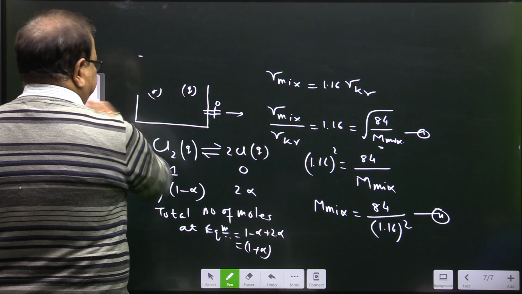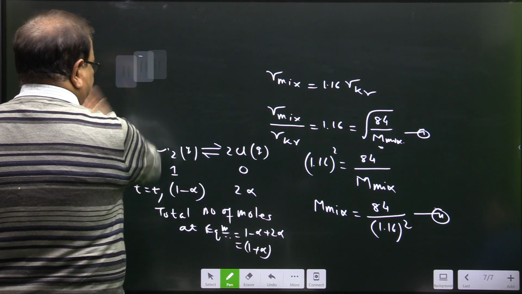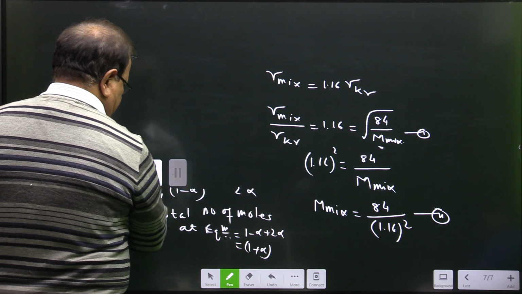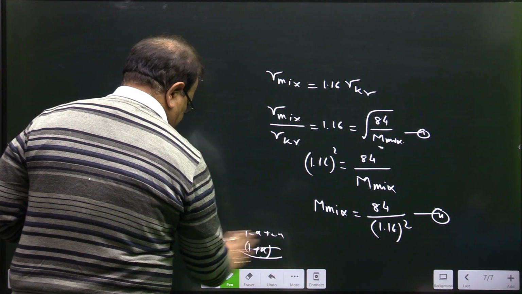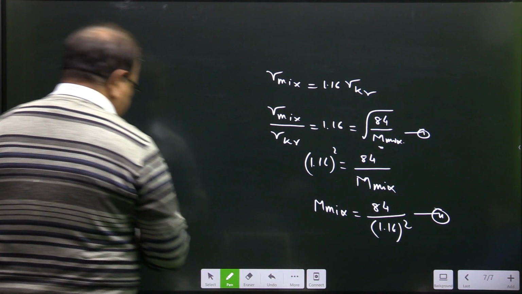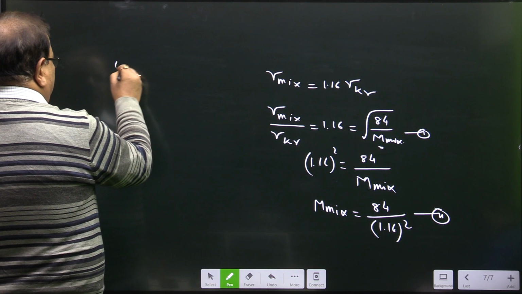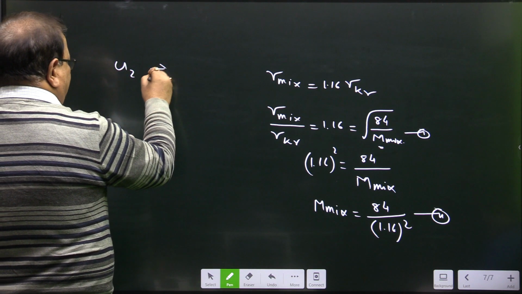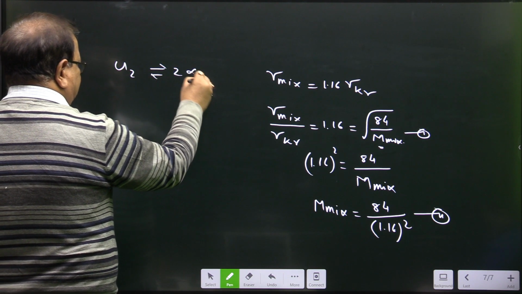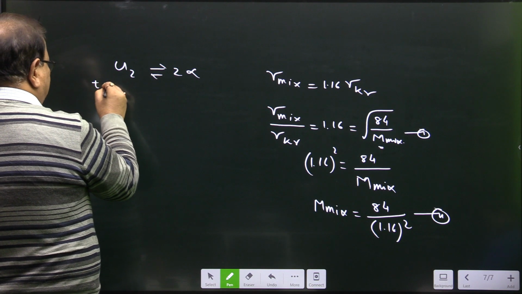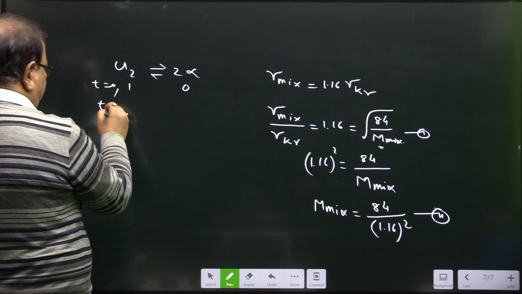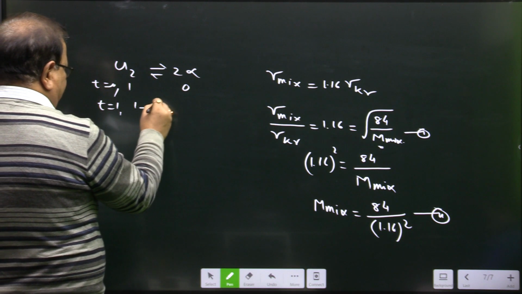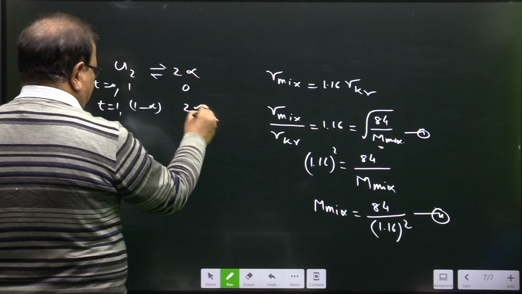Come to this. Cl2 was there and 2 moles of atom was there. At t was 0, 1, 0. At t, 1 minus alpha, and it is 2 alpha.